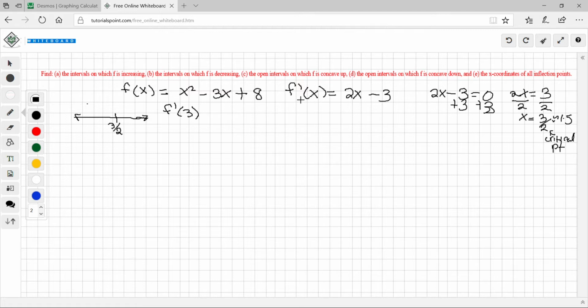So f prime of 3 is 2 times 3, which is 6, minus 3, which is 3, which is positive. That's all we need to know, so on the right here, you just put a positive sign.